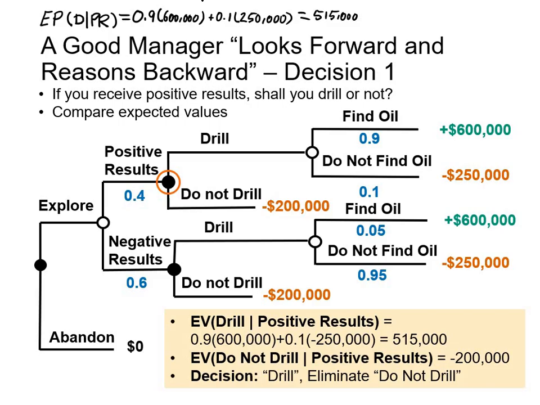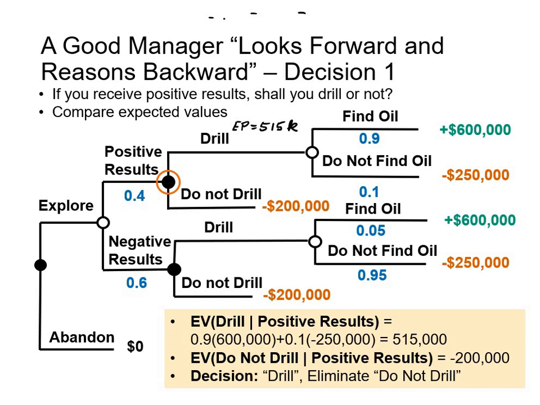Okay, so if we want to, we can take here a little note and just say the expected payoff of drill, EP equals 515K. So that is the expected payoff if we drill after we get a positive result. So what is the expected payoff if we do not drill after a positive result?